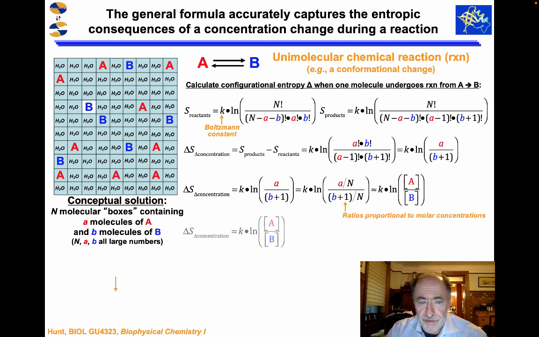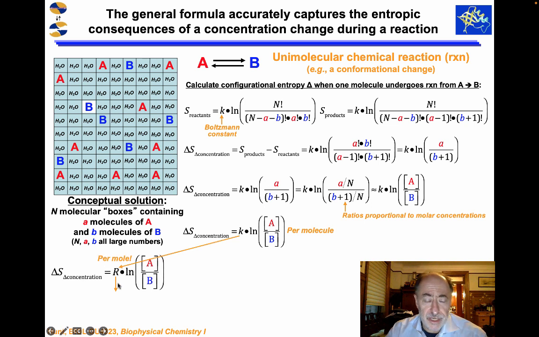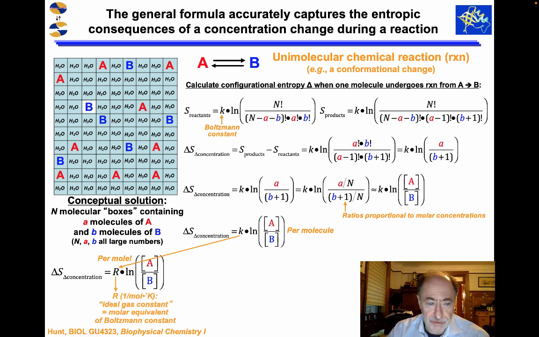What we're going to do from there is basically just multiply by Avogadro's number. This can be slightly confusing, but the bottom line is we're looking at the change in the entropy of the spatial configuration when the reaction happens once, and simply putting it on a molar scale by multiplying by Avogadro's number. k, the Boltzmann constant, times Avogadro's number is the ideal gas constant, which has units of joules per mole per degree Kelvin.